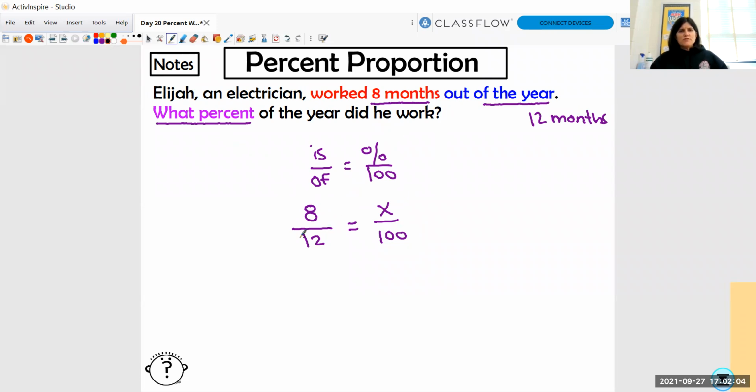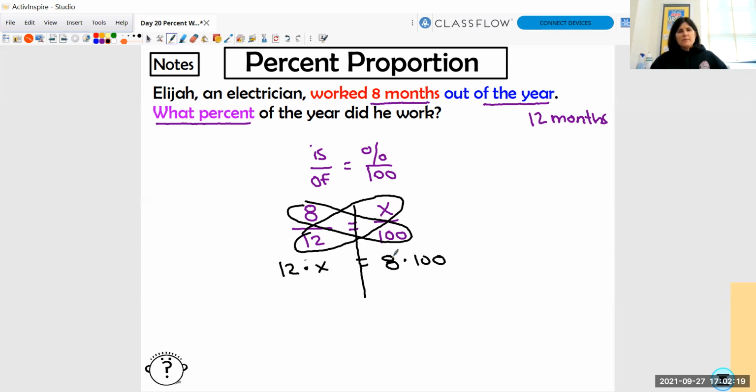Now that we have it set up, we're going to do our cross multiplying. Draw my line down the middle. So I have 12 times X, and it doesn't matter which side. Remember, it doesn't matter which side you put it on. The 8 times 100 could be on the other side. That would be okay. We have 12X equals 800. And now I have 12 times X, so I have to do the opposite in order to eliminate it.